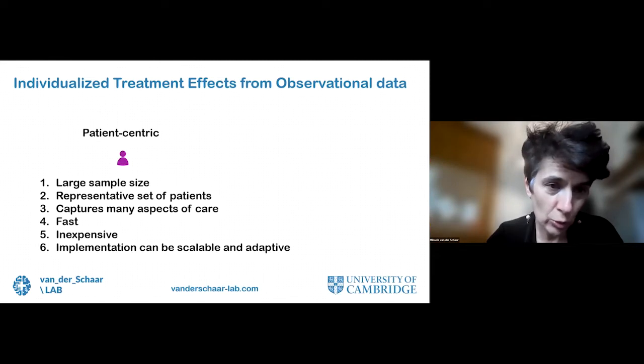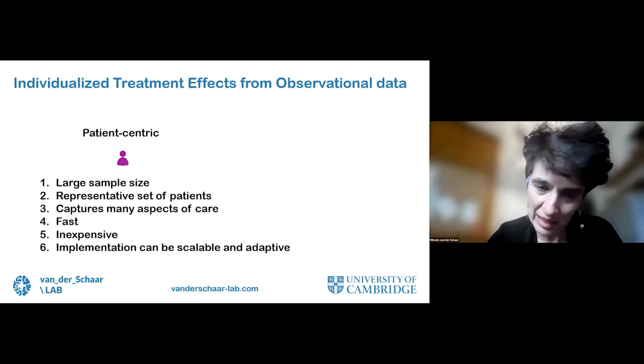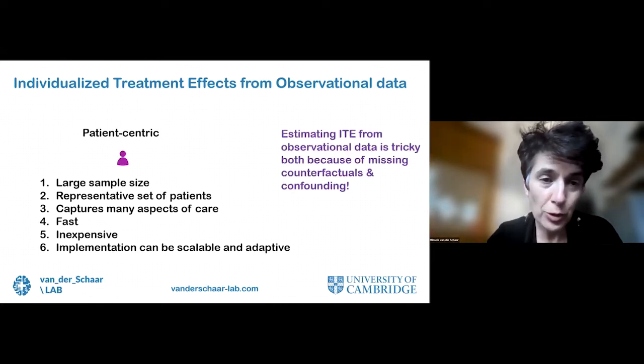If we would be able to do that, they will enable us to do inexpensive and fast understanding of which treatments would be best for a particular patient, given unique characteristics and unique healthcare situation they are going to be treated in. But of course, doing that is tricky because this requires estimating individualized rather than average treatment effects from observational biased data.